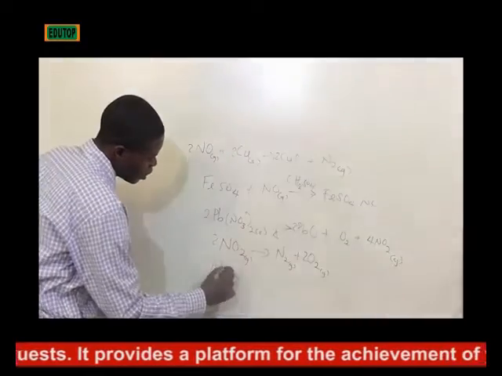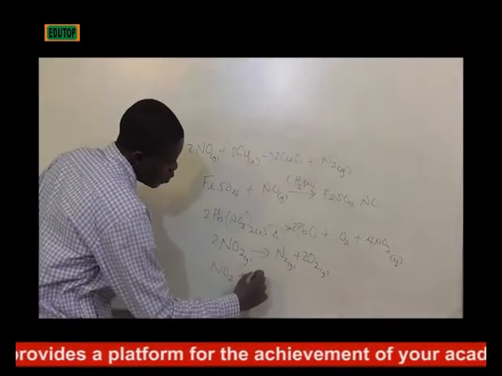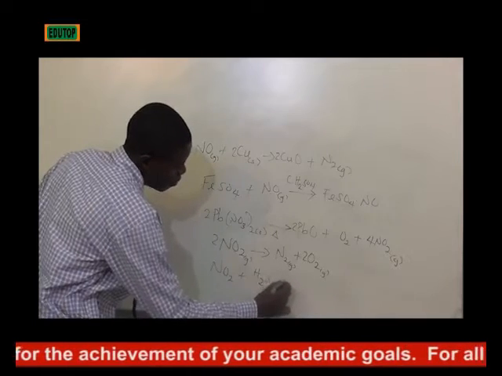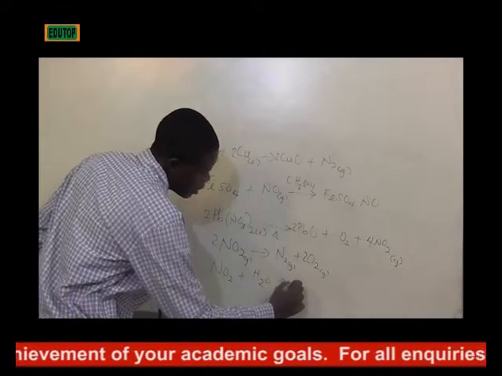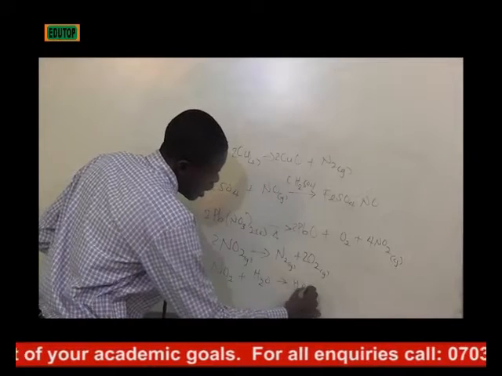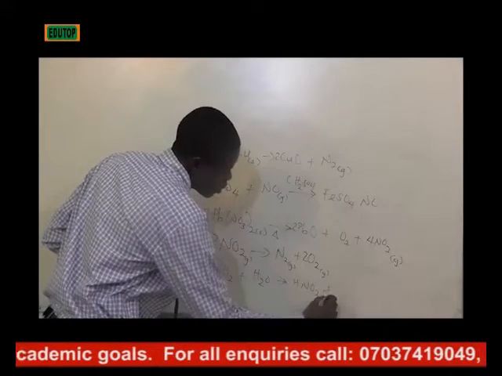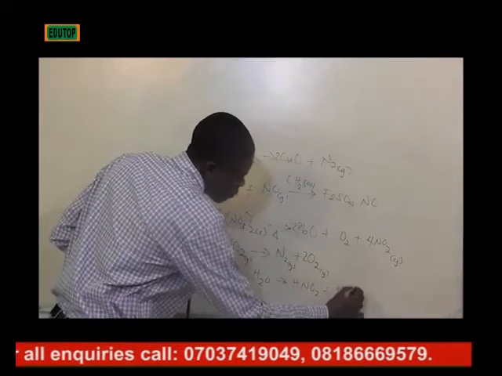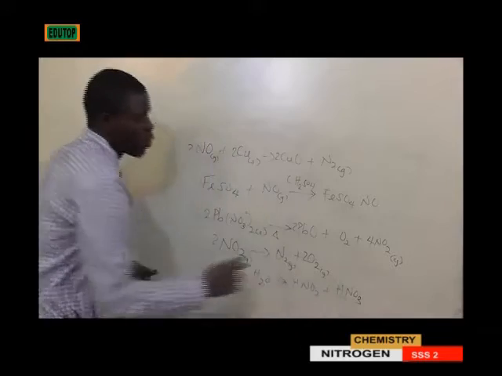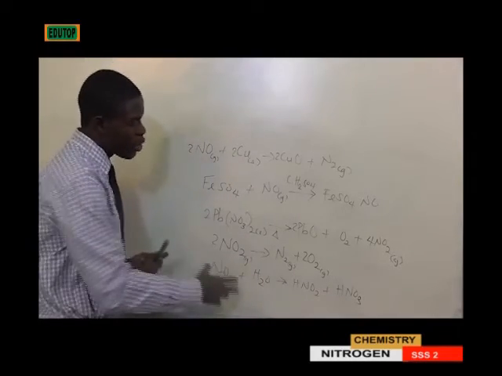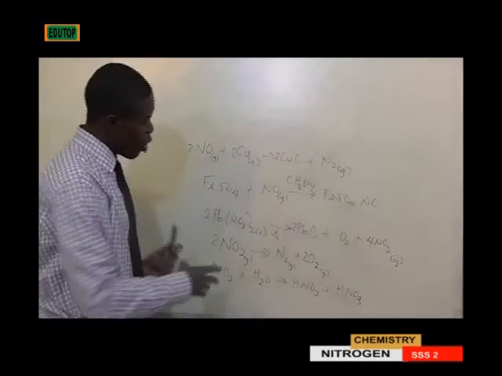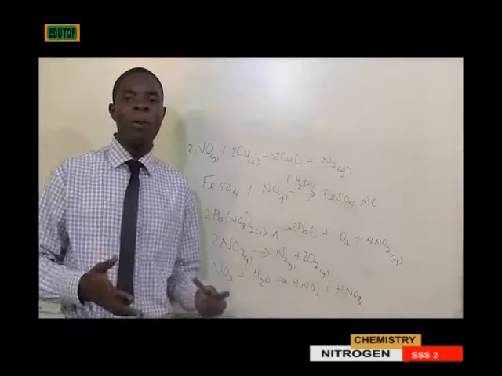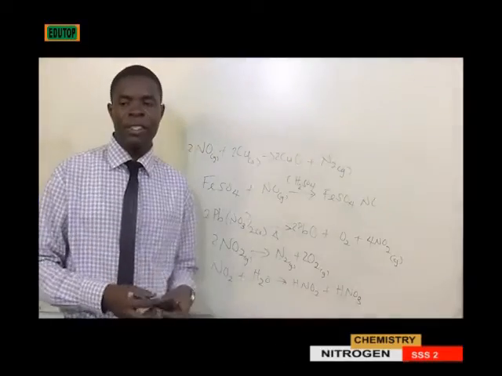When nitrogen 4 oxide reacts with water, it forms dioxonitrate 3, which is HNO2, plus trioxonitrate 5, and these are mixtures of acids, and these are mixtures of oxides too. So one of the properties of nitrogen 4 oxide is that it has a tendency to form mixtures of oxides.